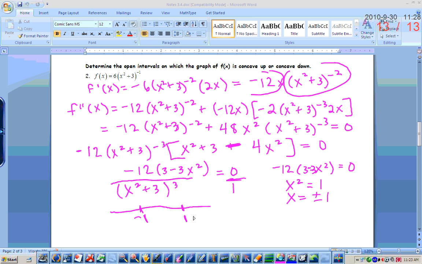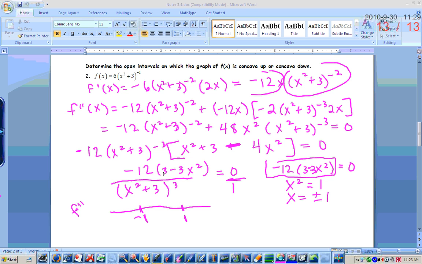Now, for concavity, I'm interested in where the second derivative is positive or negative. So my number line with the zeros of my second derivative, I'm going to plug those test points back into the second derivative. And really, I could just look at this part right here, because no matter what I plug in for x, won't the bottom be positive?